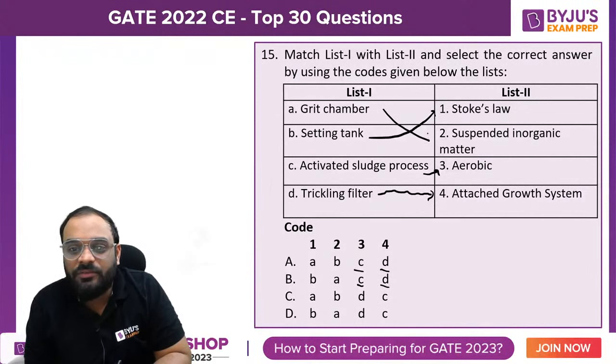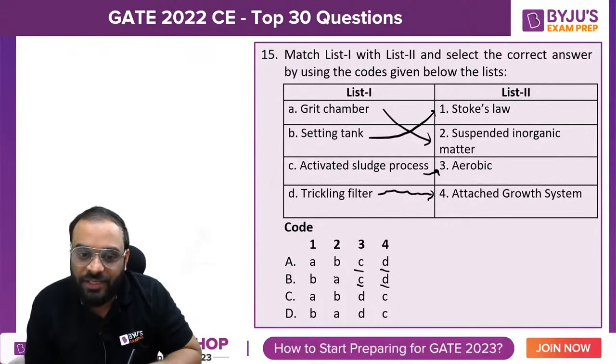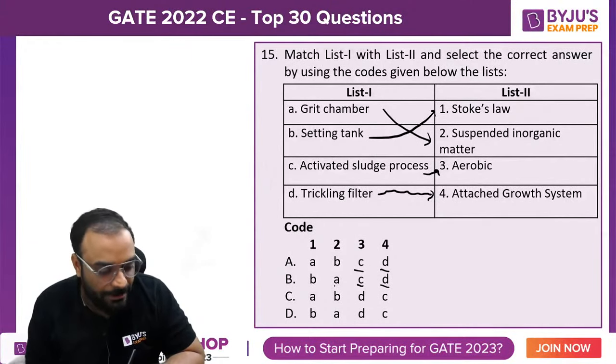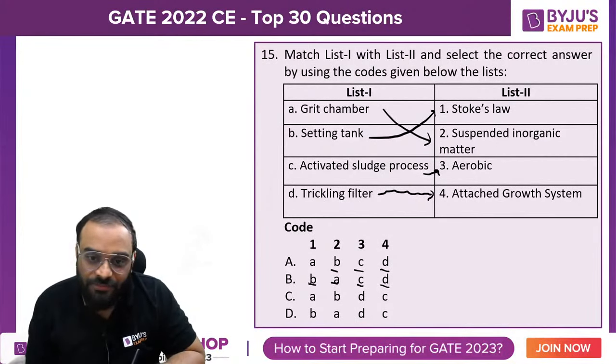Grit chamber: we are trying to remove the suspended inorganic matter. B, correct. So that's why B is the correct answer.